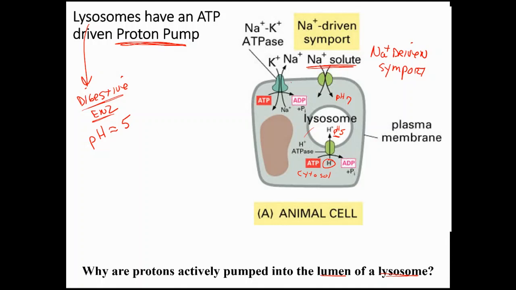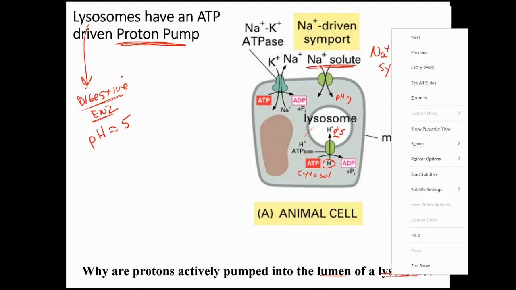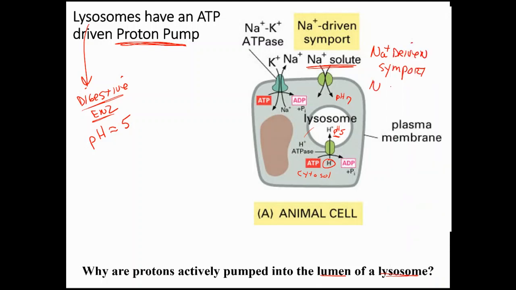And then here we have the sodium-potassium pump. So in an animal cell, we have these different types of membrane proteins that are actually using different types of energy, whether it's ATP energy primarily, or secondary active transport, like the sodium glucose transporters.